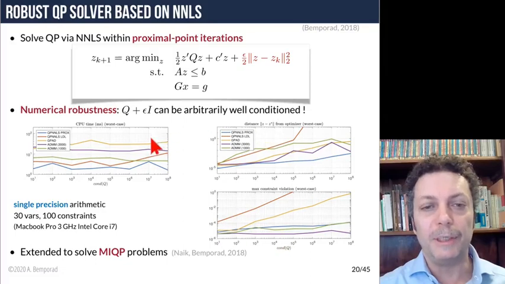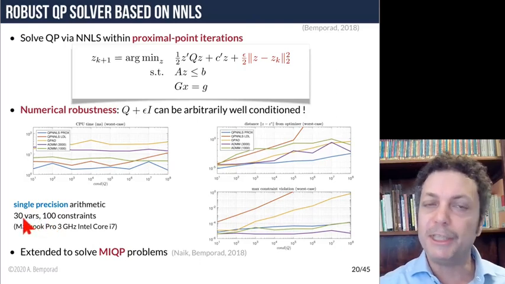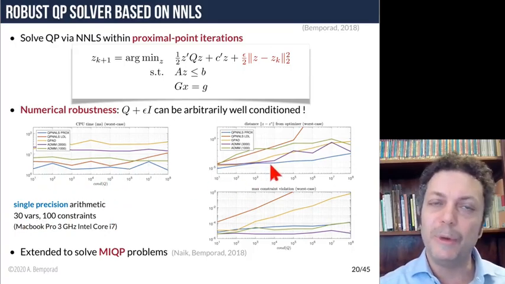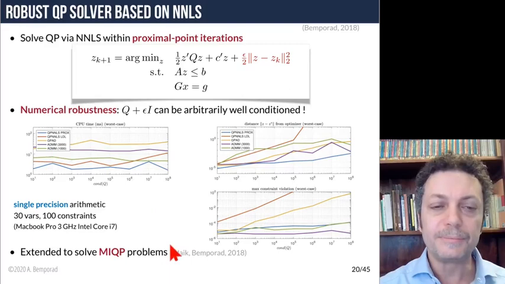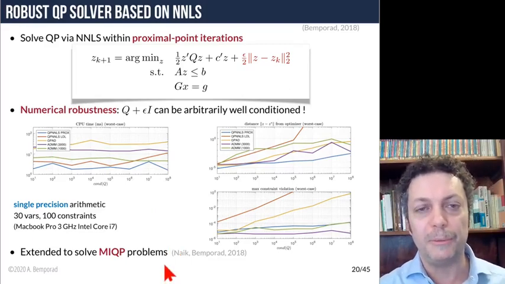And here are some plots showing how the methods behave when implemented in single precision arithmetic on the type of problems that you would encounter in typical MPC applications in automotive problems, like you have 30 variables and 100 constraints. So the solver is fast and also is numerically quite robust compared to ADMM or to accelerated gradient projection. And this can also be extended to solve mixed integer quadratic programming problems.